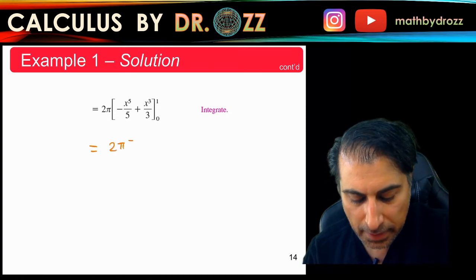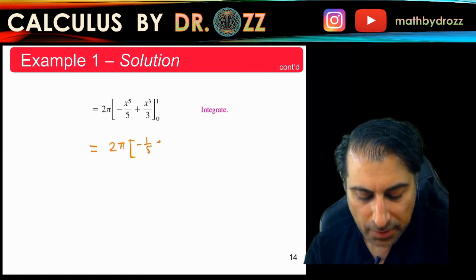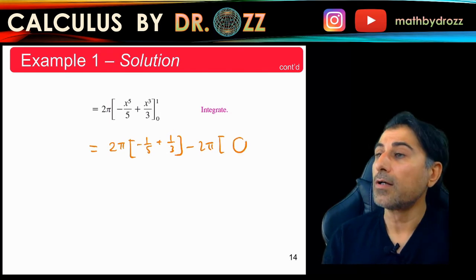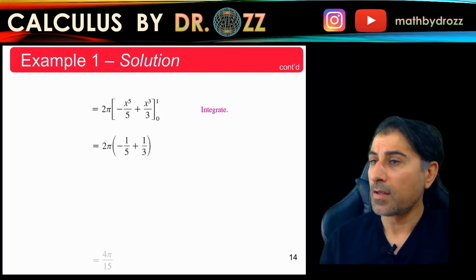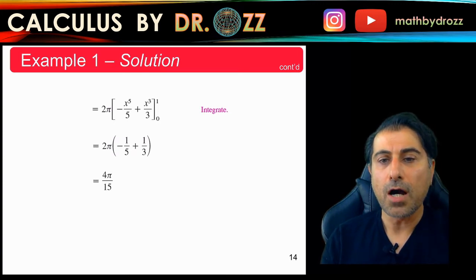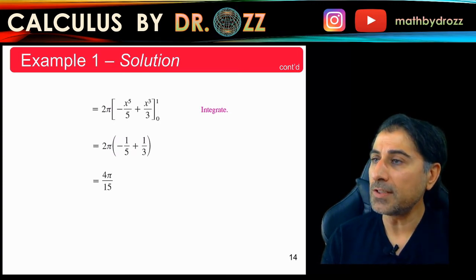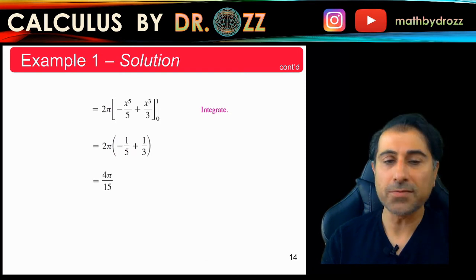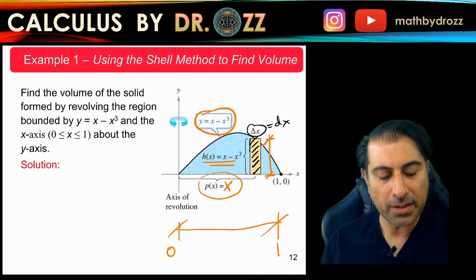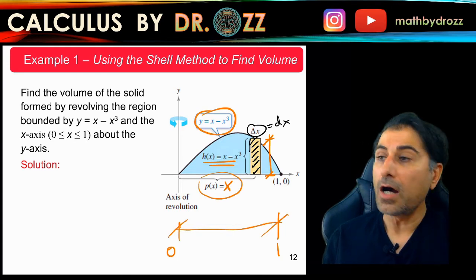So 2 pi times 1 over 3 minus 1 over 5, minus 2 pi times what we get when we substitute the lower limit in, but that is completely 0. Okay, and this takes us all the way to 4 pi over 15 for the volume of that three-dimensional object obtained by revolving the region around the y-axis.